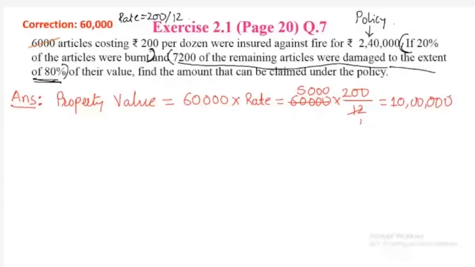Is my calculation correct? 10 lakhs. So property value is given but not directly. 60,000 into rate. Rate is 200 upon 12. Clear? Any doubt with this step? Anybody? Any doubt?